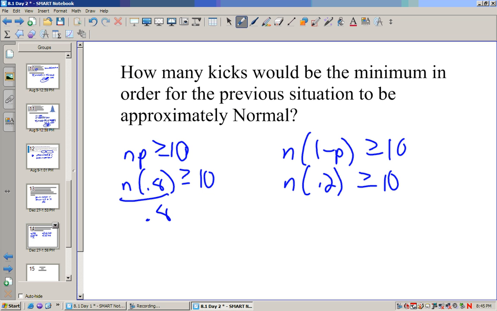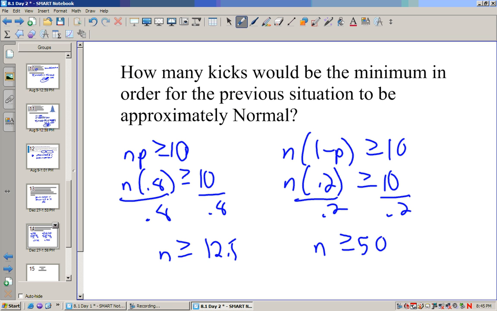If I divide both sides, 10 divided by 0.8 is 12.5, and 10 divided by 0.2 is 50. So we take the larger of the two. n has to be greater than 50 in order to use a normal approximation.